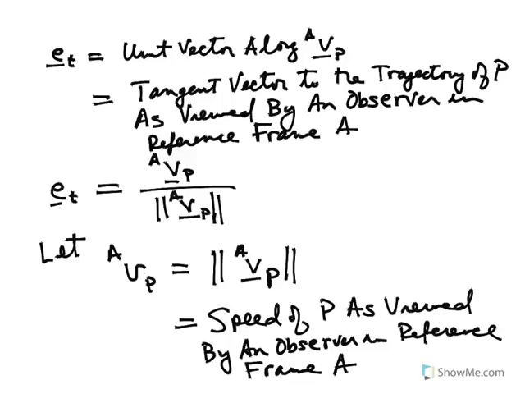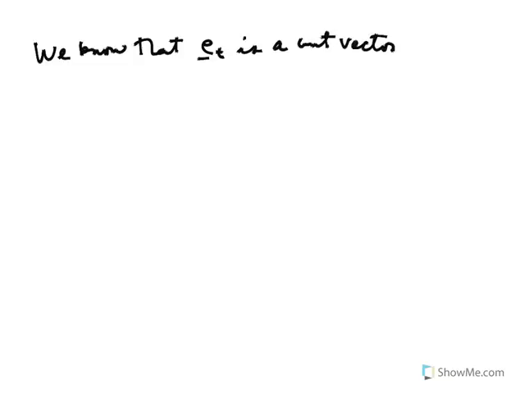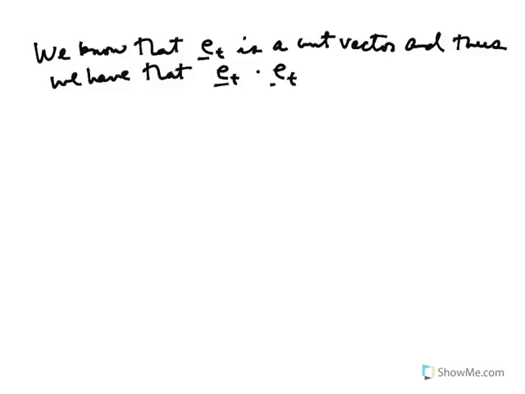Now that all being said, we know that E sub t is a unit vector, and thus we have that E sub t dotted with E sub t has to equal 1.